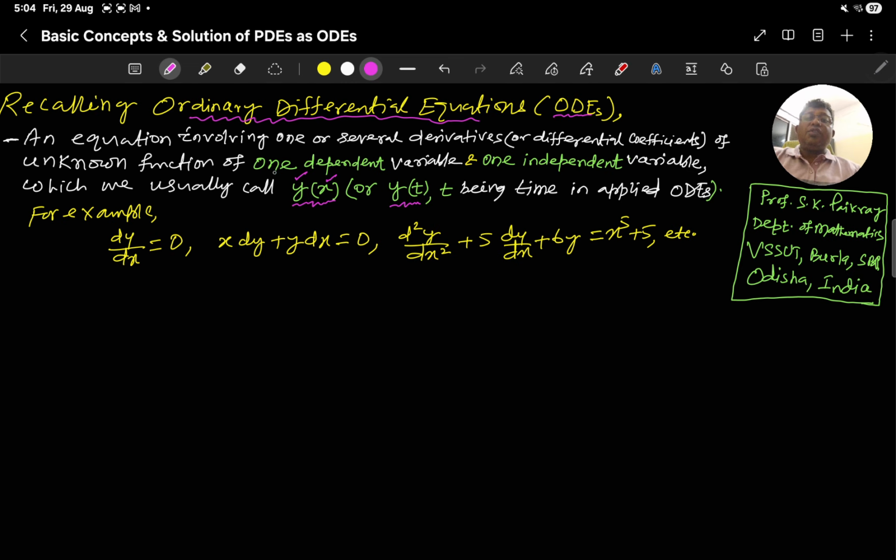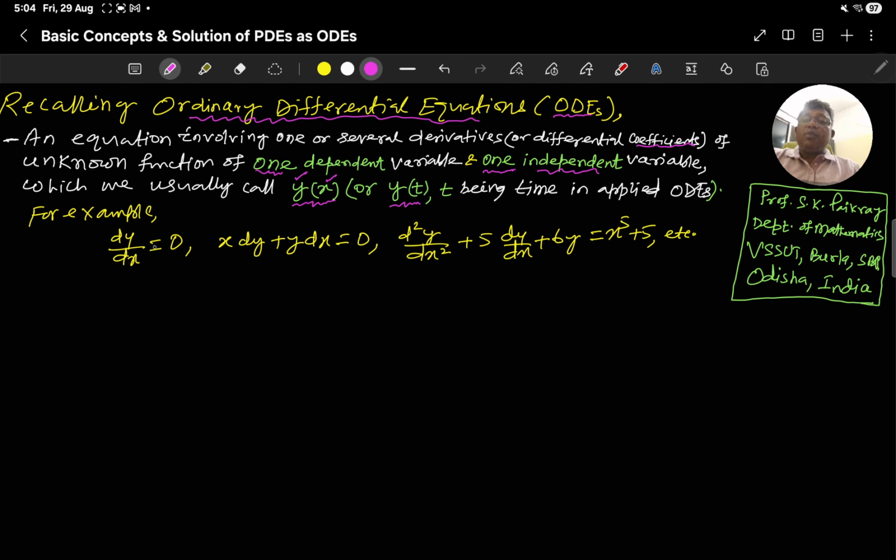It involves one dependent variable and one independent variable, and the differential coefficients or the derivative terms of the dependent variable with respect to the independent variable. There may be one such derivative term or more than one, no issue.